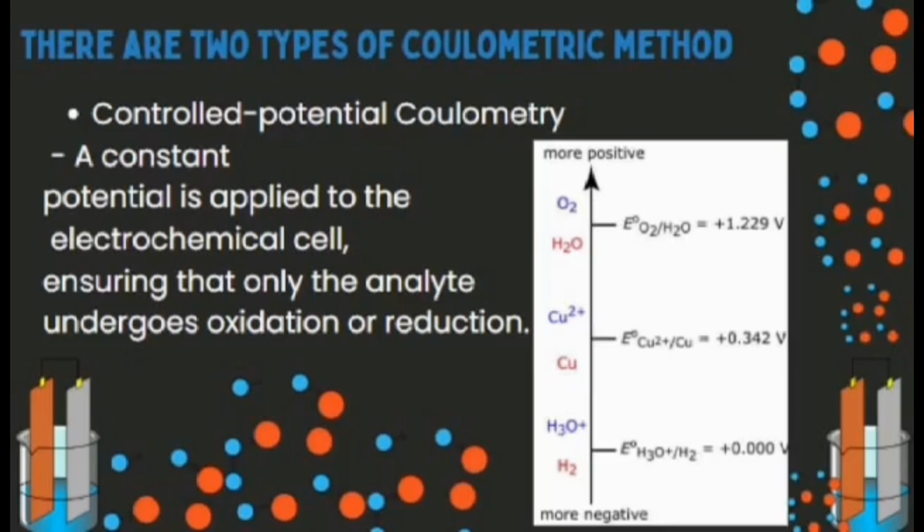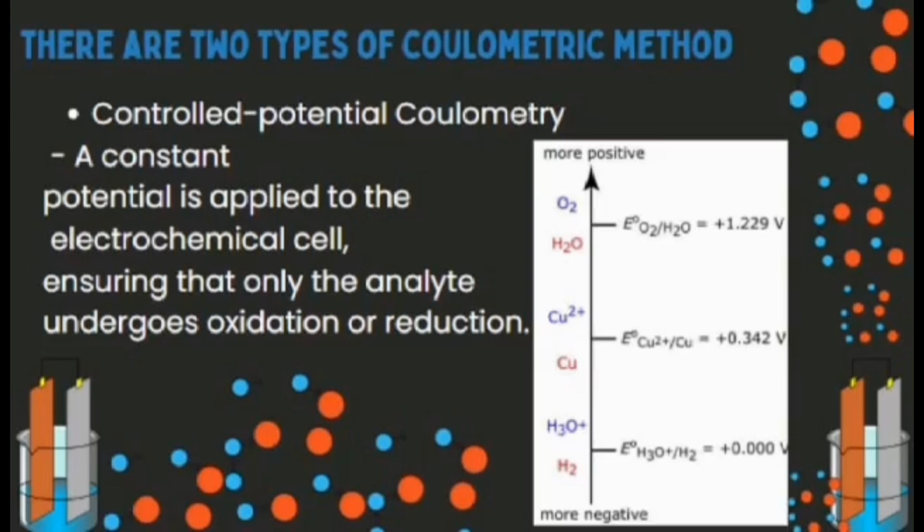This method offers high selectivity because only the analyte at the chosen potential will react. Instead of a constant current, we maintain a constant potential at the working electrode. So electrolysis occurs and the current gradually decreases as the analyte is consumed.